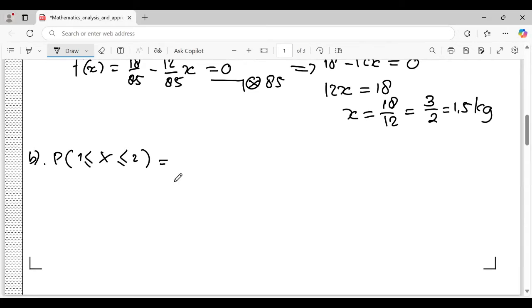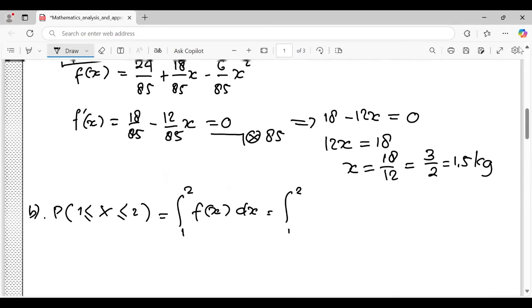We can find this probability through the integral from 1 to 2, because it is the interval 1 to 2, of f(x) dx.